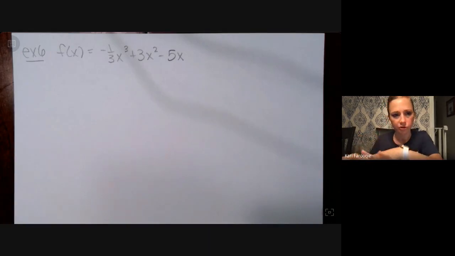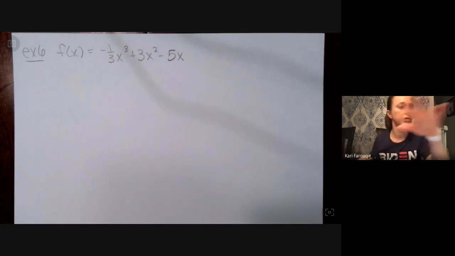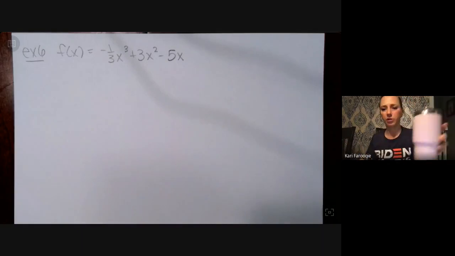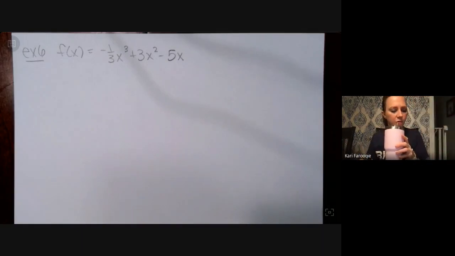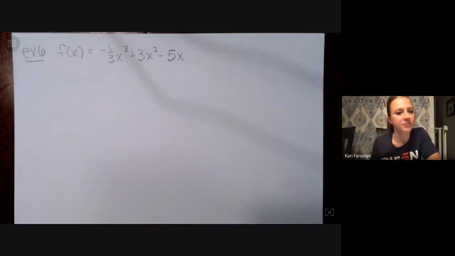So maybe we'll just do this polynomial and skip the radicals. There weren't very many of them in your book anyway, and the examples weren't that great. Not my example, my example was great, but the exercises in the book were just meh. So I'm just going to have you focus on rationals and polynomials. I think that's plenty. Okay.